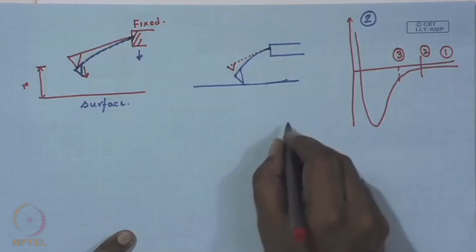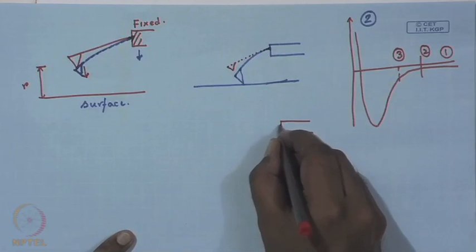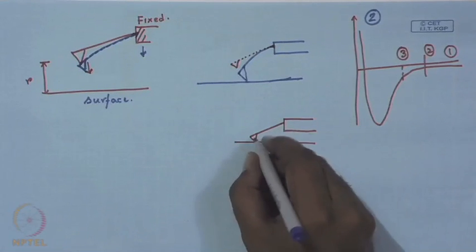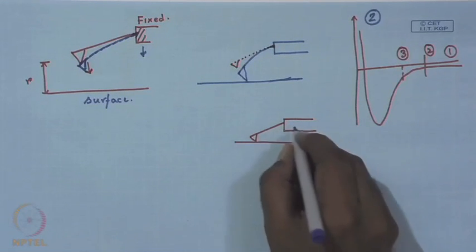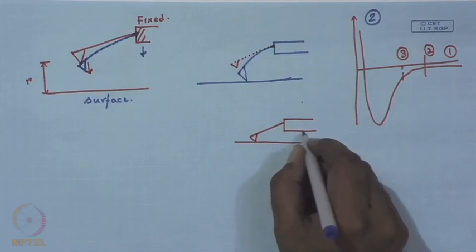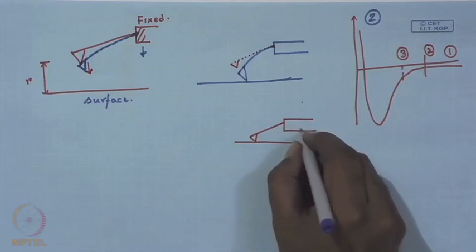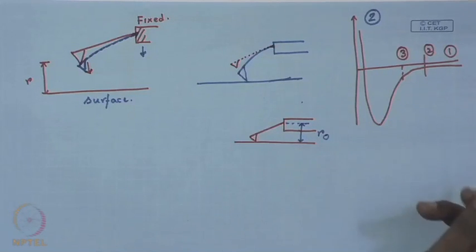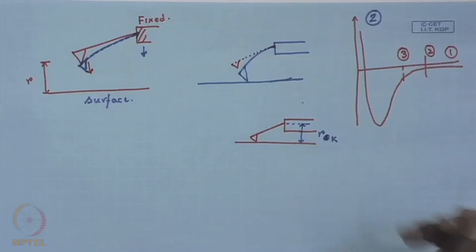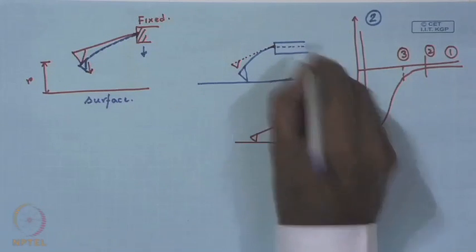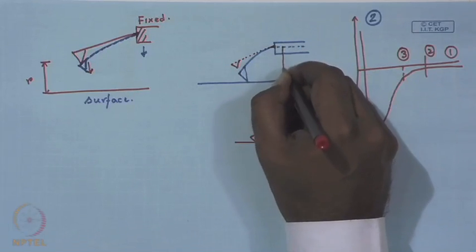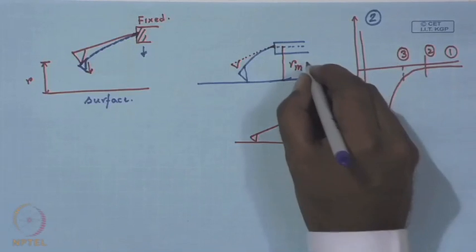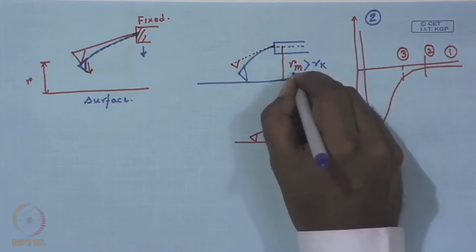Now, let us hypothetically consider a case where you have taken a very stiff spring which does not deform to the intersurface forces. You use the stepper motor to bring it in contact, and let us say the distance of some datum would have been r0, or rk, let us say. But if you now look at this separation distance, let us say rm, this is found to be higher than rk.